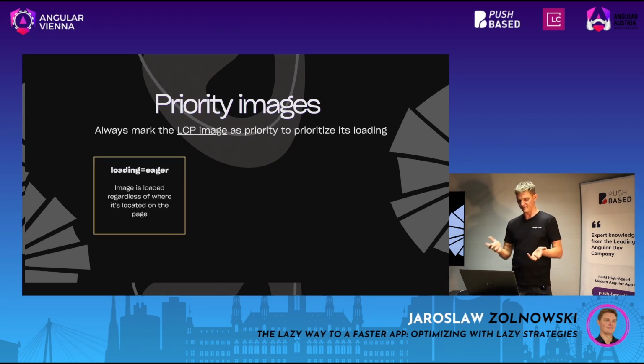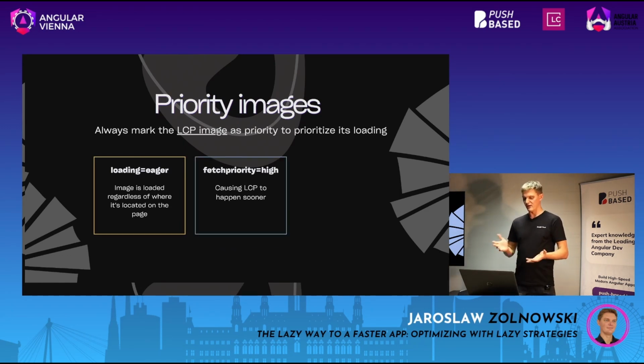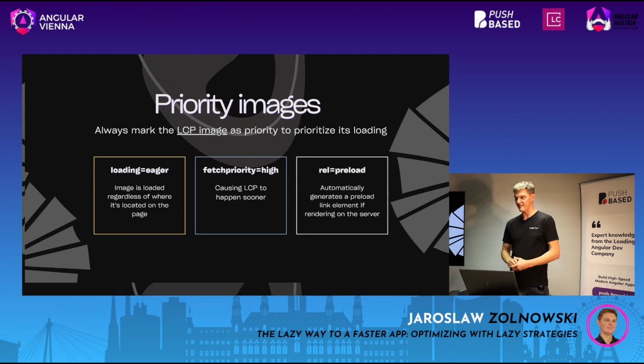ensuring that the image will be loaded eagerly, meaning there will be no additional delay. With fetch priority set to high, our browser will prioritize loading these resources, booking enough memory and resources to actually load those media.